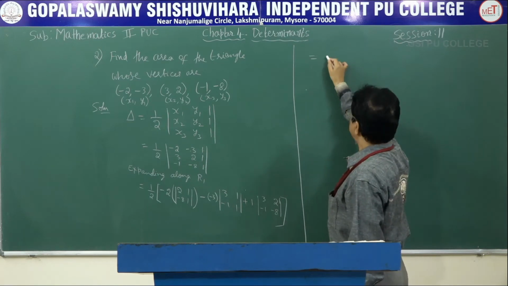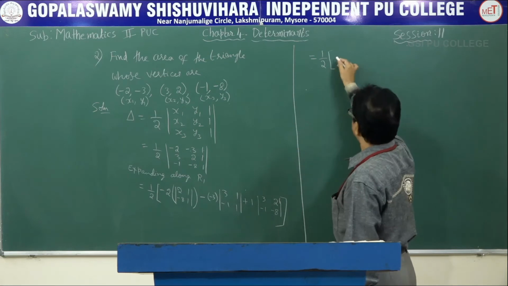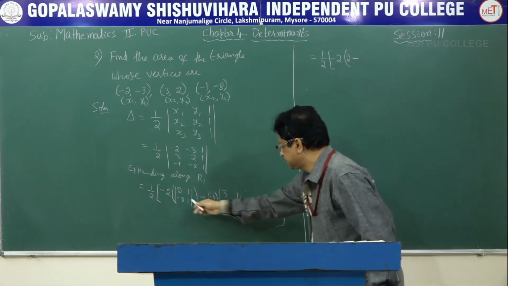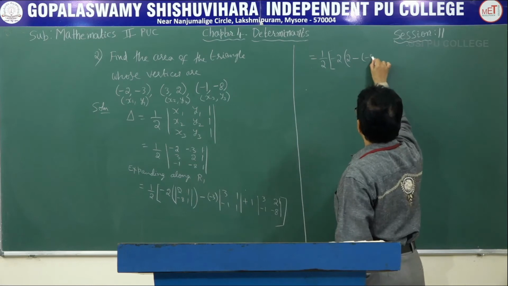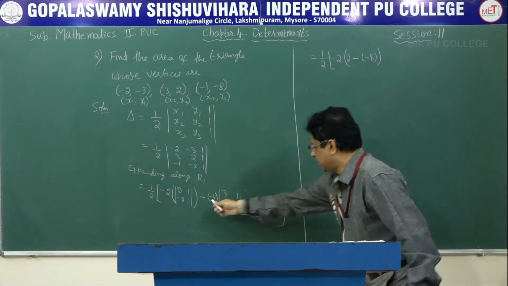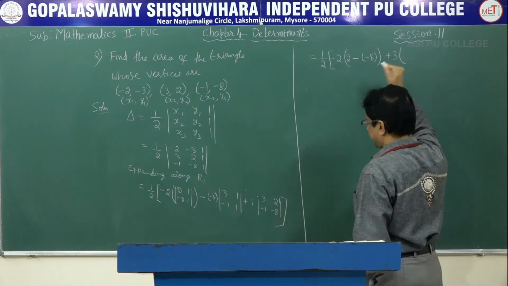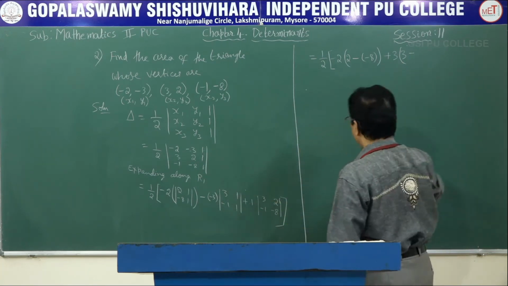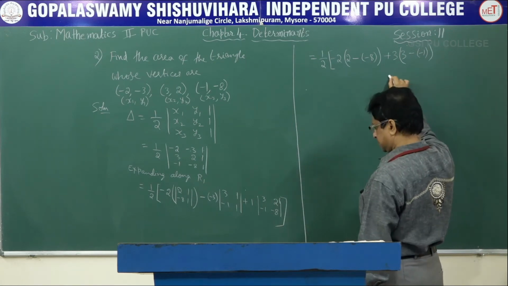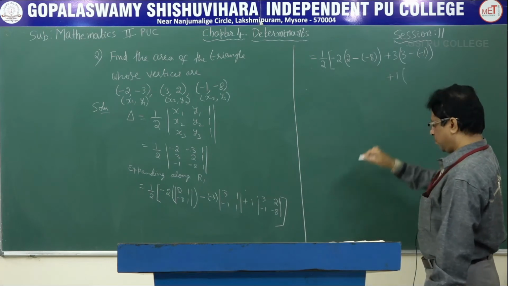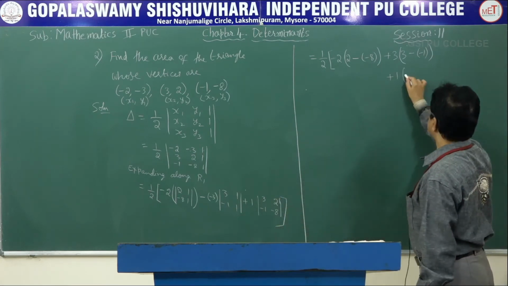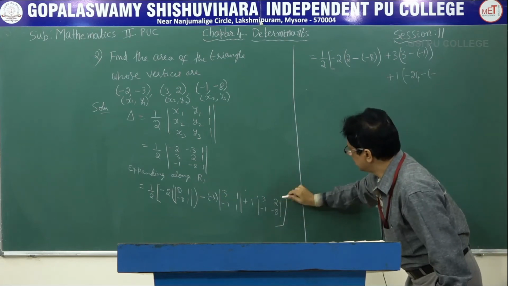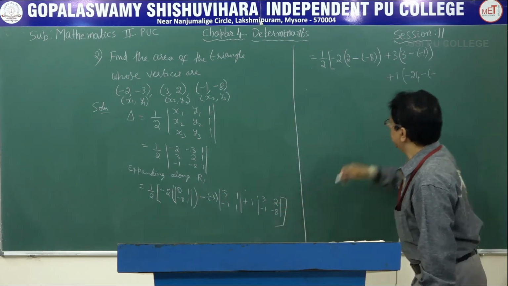So that will be equal to half into minus 2 into (2 into 1 minus (minus 8) into 1), minus into minus plus, so 3 into (3 into 1 minus 1 into (minus 1)), plus 1 into (3 into minus 8 minus 24, minus of minus 1 into 2 minus 2).